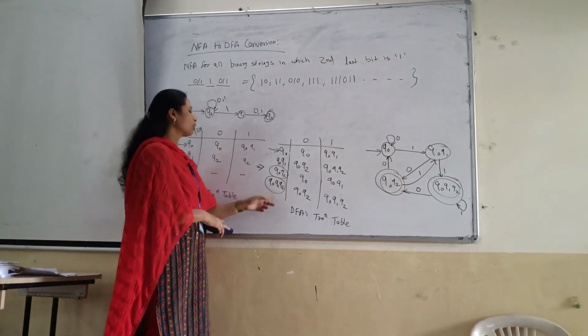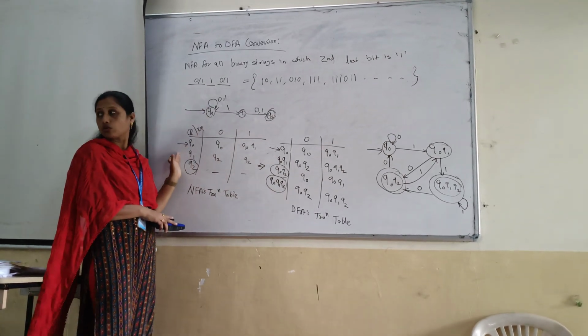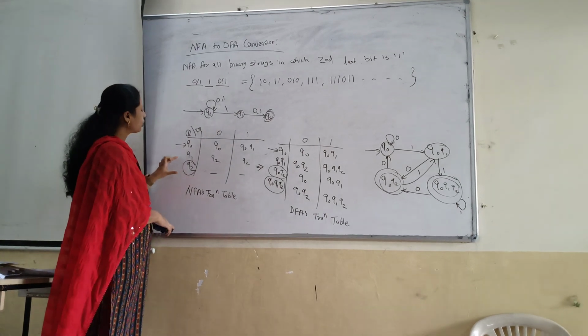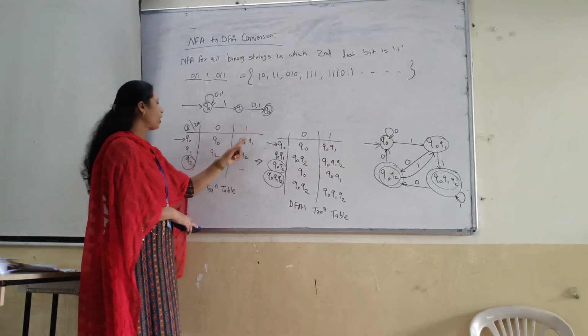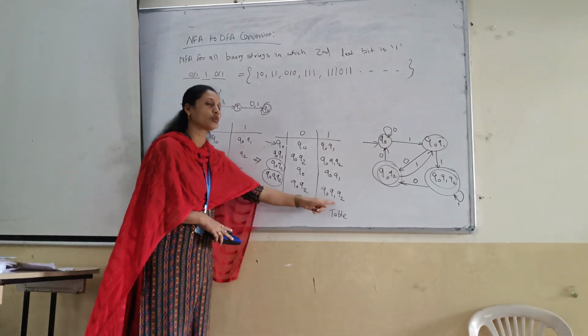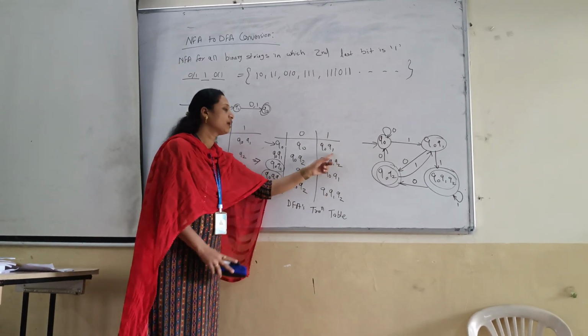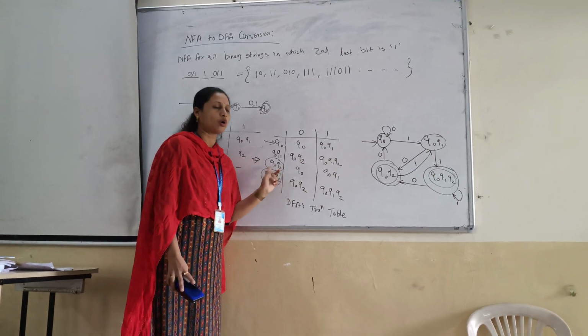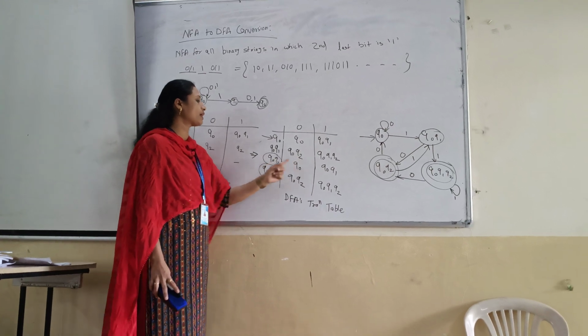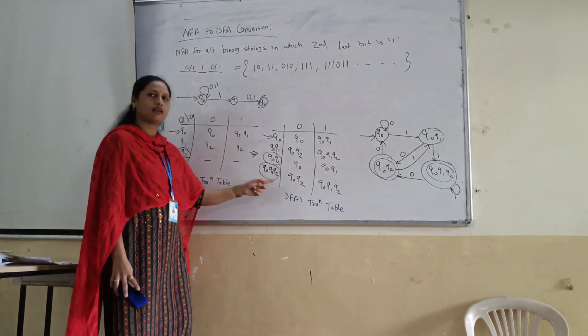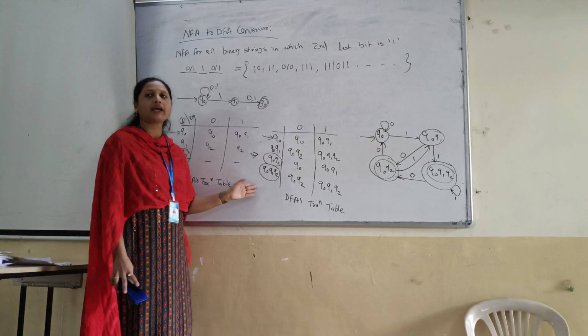Afterwards, you check Q0, Q1, Q2. Three states, all three states you check. Q0, Q1, Q2: for 0, Q0, Q2. For 1, Q0, Q1, Q2. Now check whether all these states are here or not. So Q0 is there, Q0, Q1 is there, Q0, Q2 is there, Q0, Q1, Q2 is there. All states we are having here.